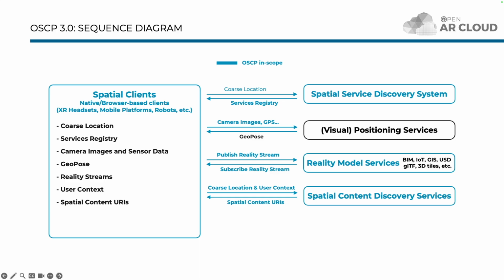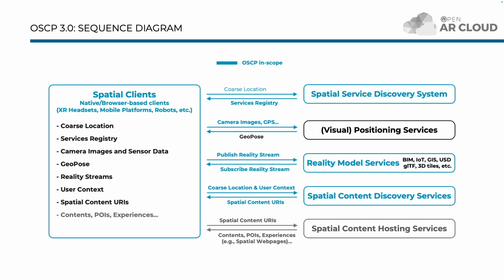Whether that's 3D models or points of interest, these content elements are geo-anchored and associated with your geopose. Once content is discovered, traditional web technologies can be used to download and display it on the client device.